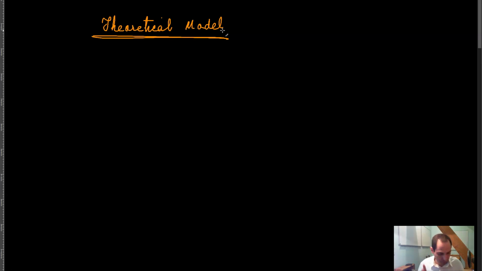Okay, so we talked about the theoretical model, and this is page number 10. As I mentioned, the theoretical model is a logical framework made of analogies, other relevant scientific facts that we already know, some mental images and models and things like that.